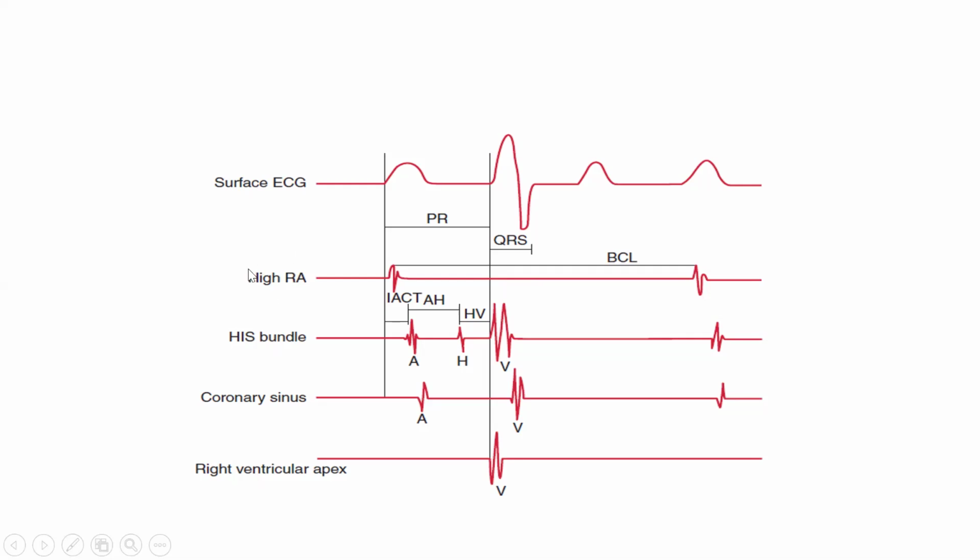As I said, you can have it as proximal, mid, and distal, different readings. The high right atrium, remember we said, can only monitor activities in that atrium. So it can only be recording right atrial activity, not even left atrial activity. And that will correspond to the P wave on your surface ECG, right? And you can see it's the earliest part of the P wave.